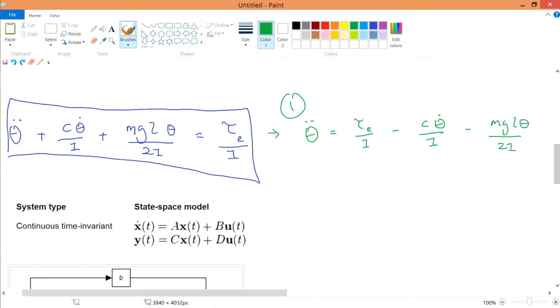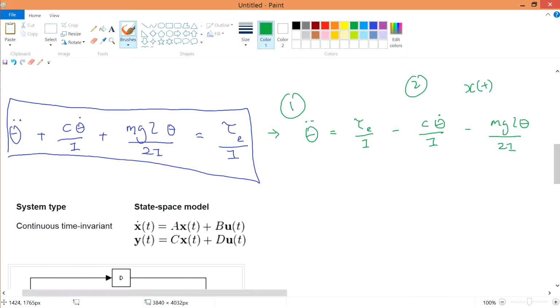So the first step is to write the equation in terms of the highest order. The next step is to find how many variables there are on this side. In this case, I have two variables, and these variables are simply the x(t).